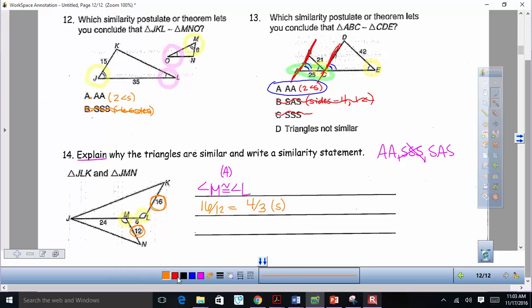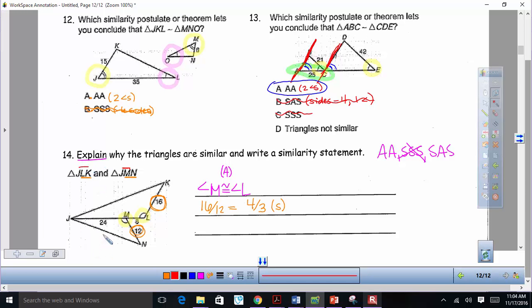Now I have to take the other side and make sure it matches. Okay, so I see that JM, see how, okay, I know somebody said when I said what does LK go with, we said the wrong thing. LK right here is in the same position as MN. So there should be no confusion because it gives you that up there. Now, for JM, we have 24. What goes with JM?